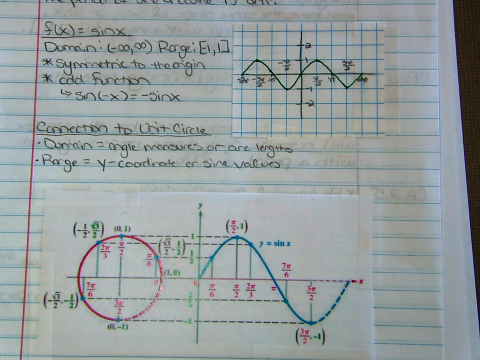So the domain is the angle measures or the arc lengths, and the range is your y-coordinate or the sine values themselves. And so I found that really interesting. It all does tie in together. The stuff we learned last chapter is just as applicable now that we're going to actually be graphing these.